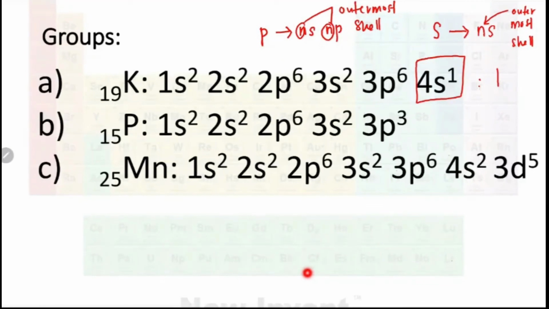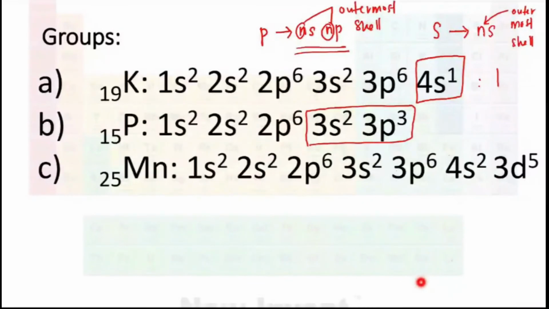So that means the valence electrons are in orbitals 3s and 3p. Look here: 3s, 3p. The valence electrons of phosphorus are in orbitals 3s and 3p.